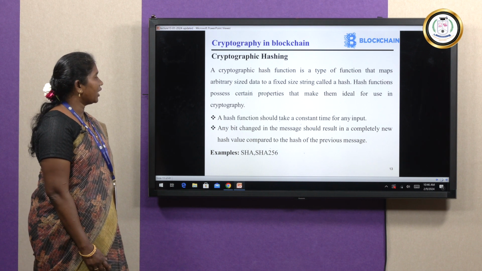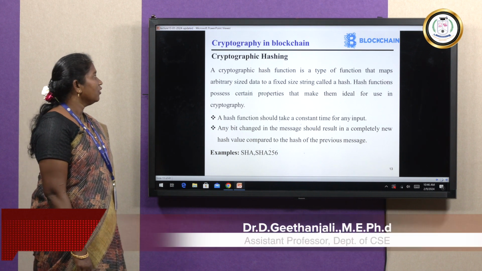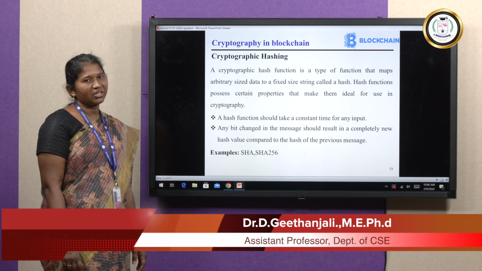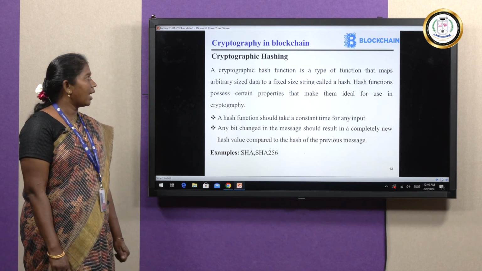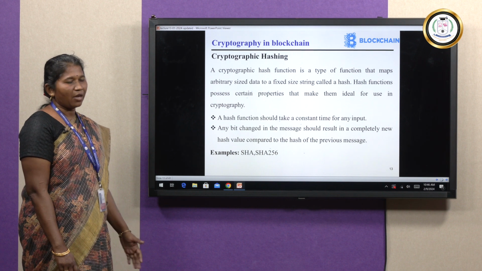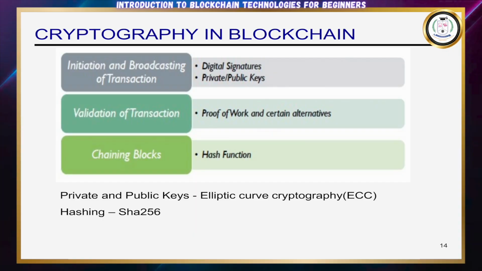A cryptographic hash function maps arbitrary sized data to fixed size data, which is generated by the hash. And for these hash functions, the same input should always create the same output. And this is the cryptography representation in the blockchain.